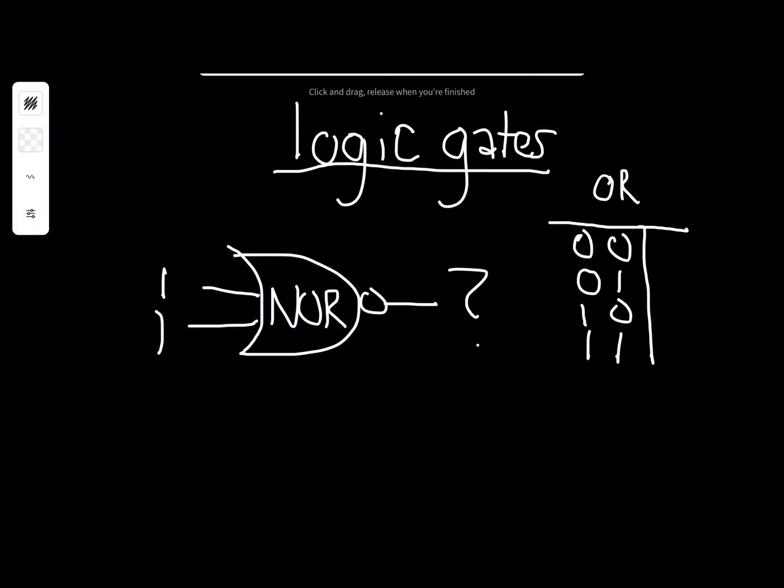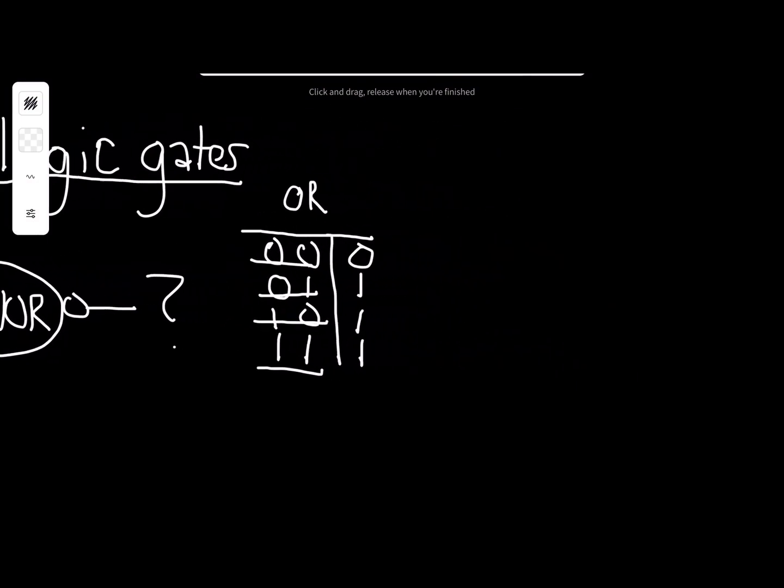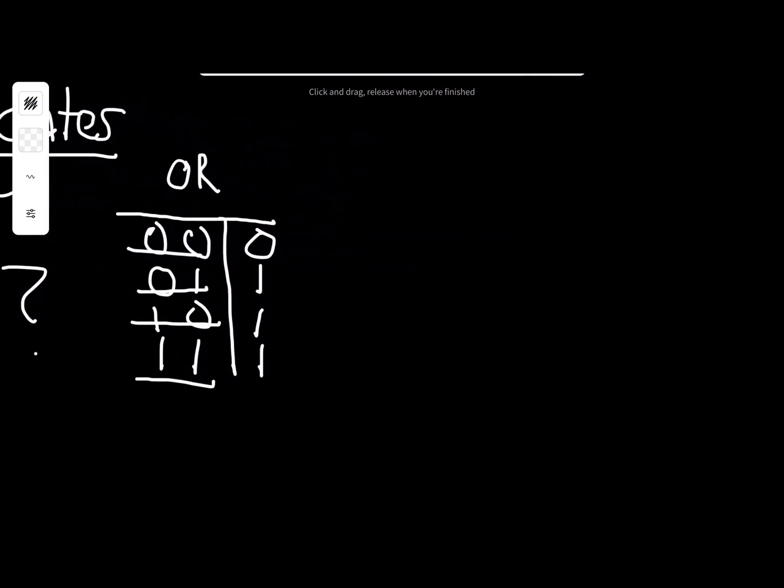Now if we see a 1 anywhere in these inputs, then we just draw a 1. So 0 and 0, I don't see a 1. 0, I see a 1 here, see a 1 here, see a 1 here. I see two 1s over here. So we know that the NOR is just going to be the opposite. We're just going to take the exact opposite of each output.